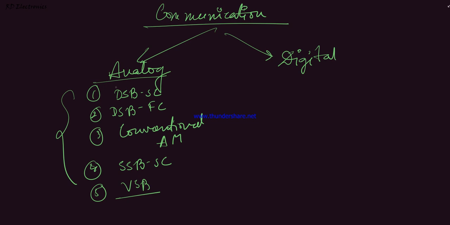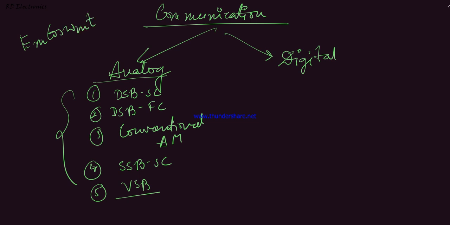In the transmitter end, this type of communication hardware is designed according to the variation of the carrier amplitude, because in a communication there are basically two waves. One is Em cos omega m t.